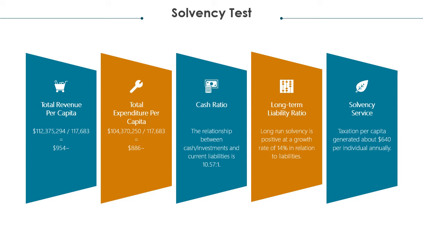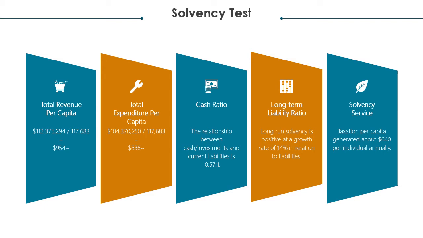Another part of this is the cash ratio, which shows the relationship between the amount of cash and investments the city had on hand versus its current liabilities, which stood at a 10.5 to 1 ratio, which is also very good for the city.